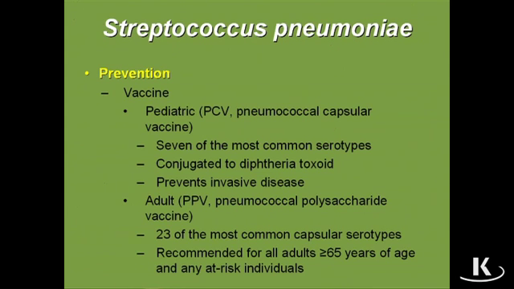Well, now you're looking at an adult, typically 65 years and older, immune system on the downward slide, okay? And it's perfectly okay to vaccinate, in this case, with 23 of the most common serotypes. Now, you're not talking about just the 7 most common serotypes associated with invasion. You got to go more broad, okay?